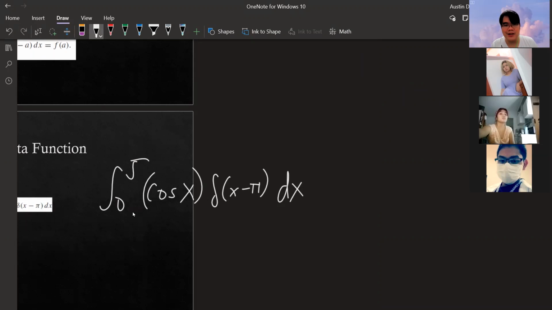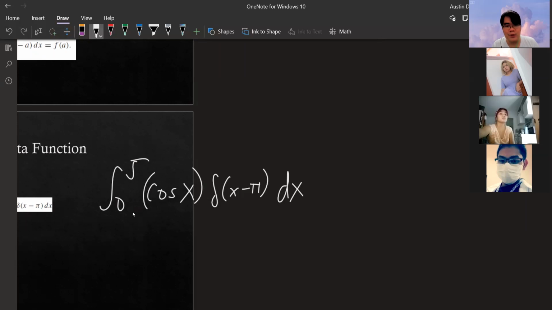Kasi baka may sinasabi ako na hindi nyo mag-gets. So, tingnan natin yung argument ni Dirac delta, x minus pi. Okay, so na-shift siya by pi. Ang tanong ngayon is yung x ba natin, yung dx natin, madadaanan ba sa integration yung pi? And since pi is just 3.14, so madadaanan somewhere sa 0 to 5.